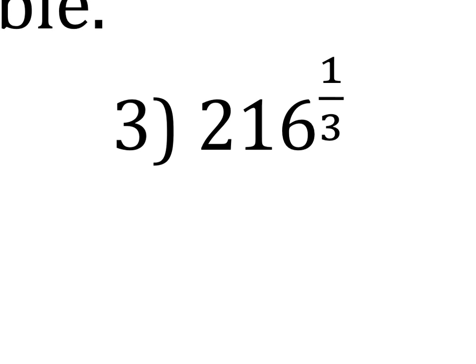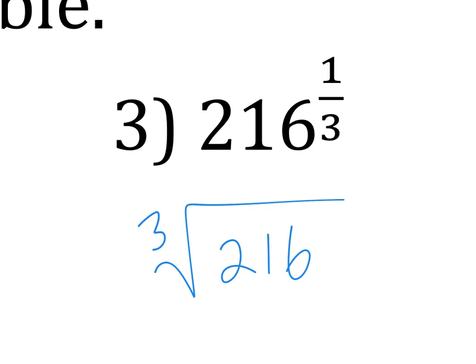All right, now we're going to change it the other way. 216 to the 1/3 is the same as what radical form? Cube root of what? 216. Well, actually, what is the cube root of 216? 6.